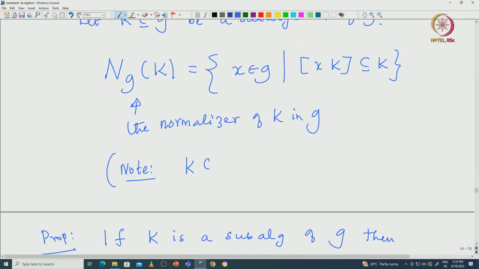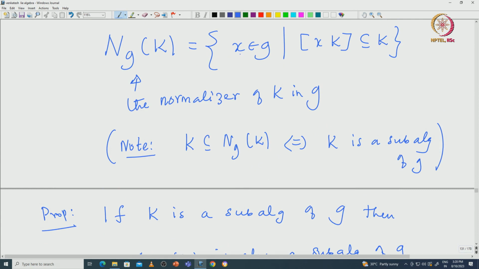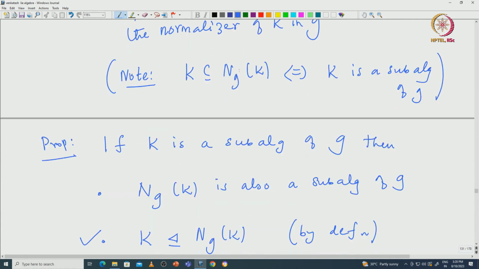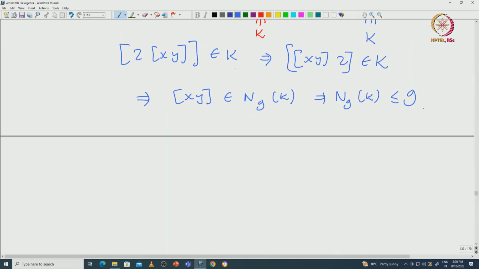K is a subset of N_G of K if and only if K is a subalgebra. That is immediate from the definition. That is why we are starting with a subalgebra, but otherwise this N_G of K makes sense for any K. But in the worst case it could be 0, and it may not even be a subalgebra.